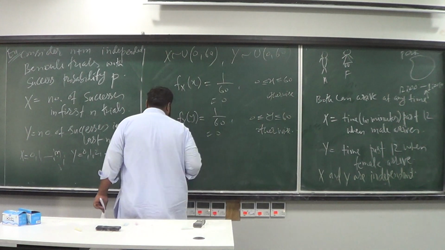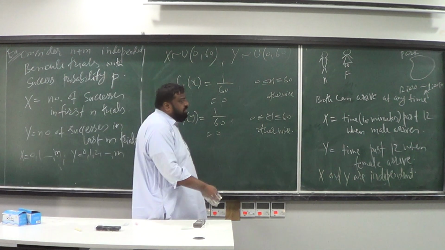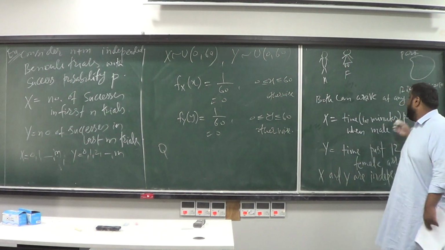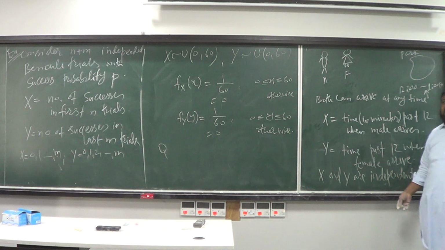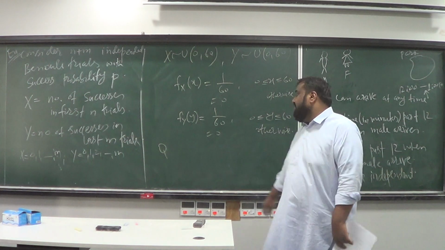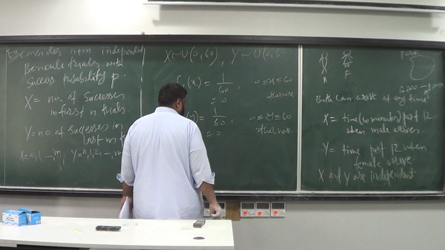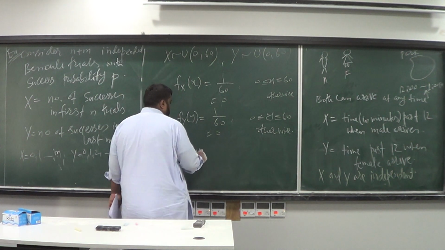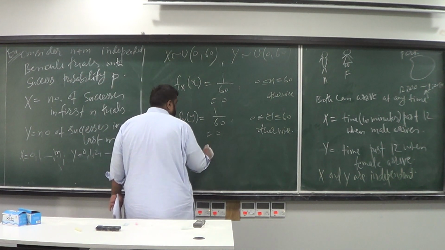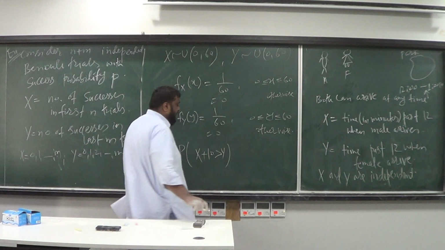So what was the question? What is the probability that if one person arrives at the park at some moment in this interval, he or she has to wait for more than 10 minutes for the other person to arrive? So in other words, I have to compute the probability that he arrives at time x, but has to wait for more than 10 minutes for the arrival of y.